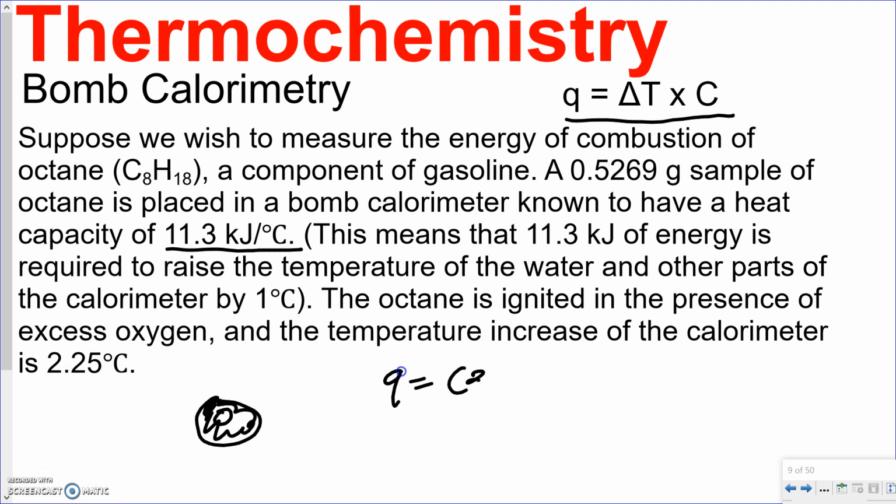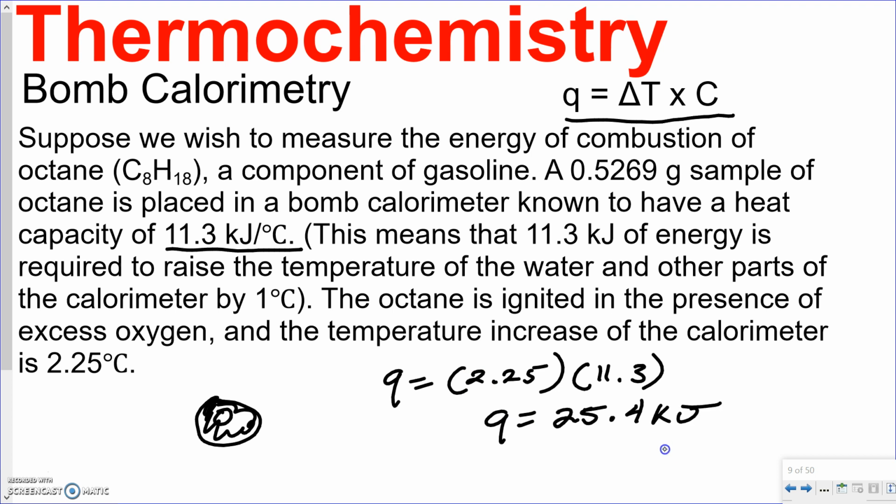So Q equals 2.25 times a specific heat capacity of 11.3 kilojoules per degree Celsius, and we get a Q value of 11.3 times 2.25, with 3 proper sig figs, 25.4 kilojoules.